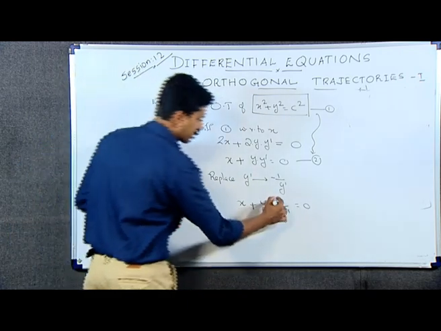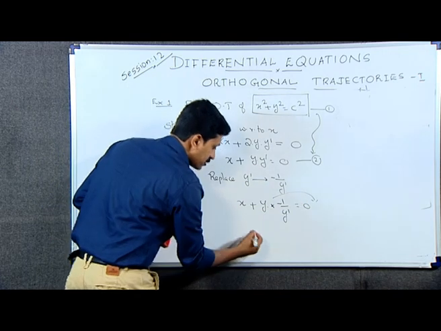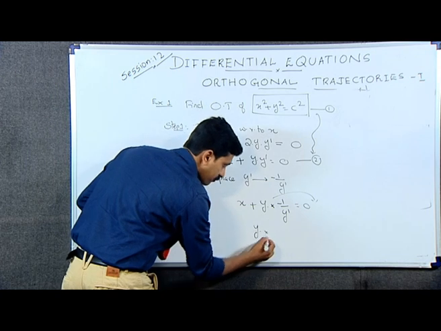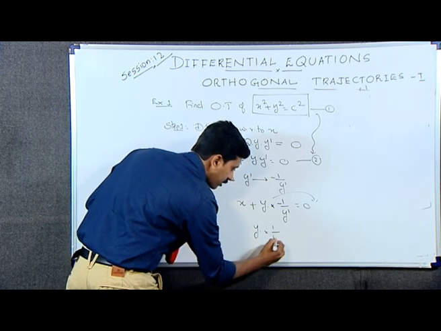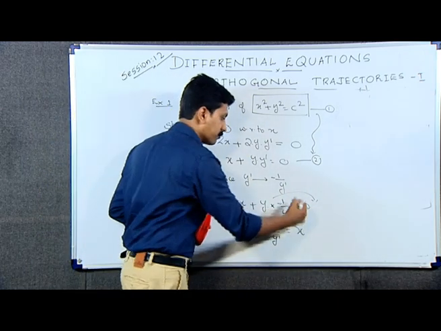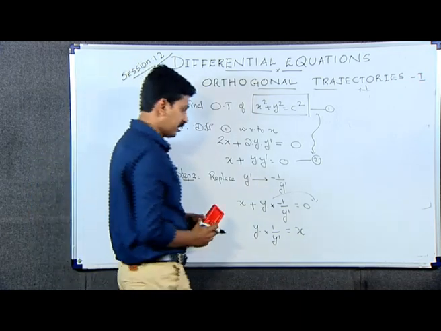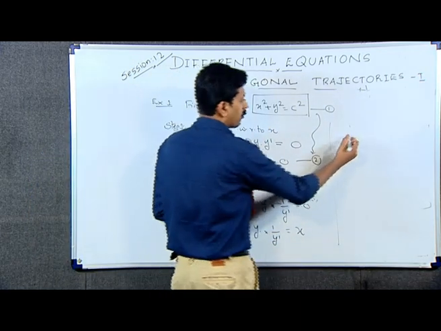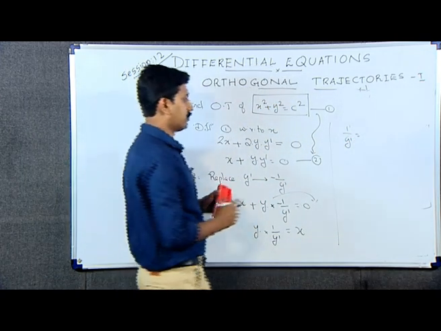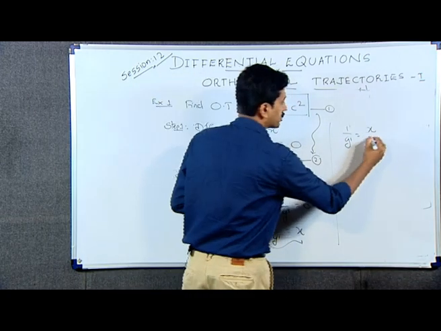Taking this to the opposite side, we will have y into minus 1 by y dash is equal to minus x. Then 1 by y dash is equal to x divided by y.